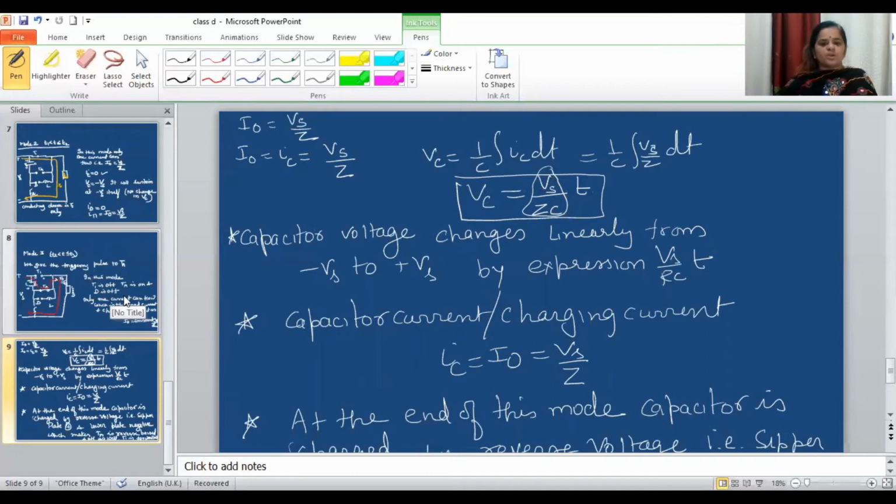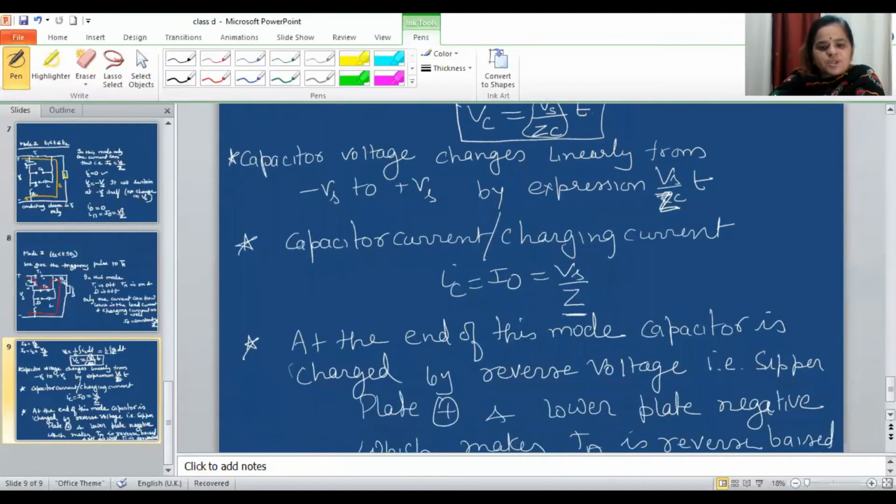In mode 3, the voltage across the capacitor changes linearly. So at last, I can conclude the capacitor voltage changes linearly from minus Vs to plus Vs by the expression Vs by ZC into T. The capacitor current or the charging current in this case is Vs by Z, which I already mentioned.